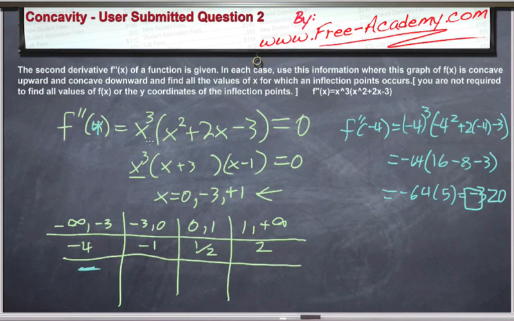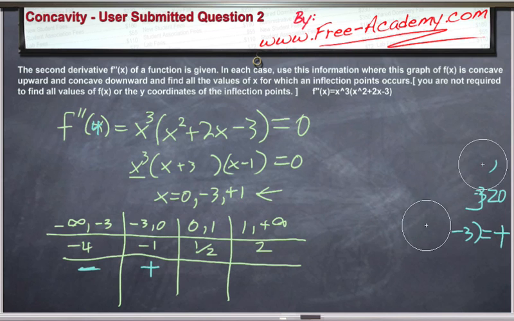Now let's go back and put negative 1 into this equation. So f double prime of negative 1 is equal to negative 1 times 1 minus 2 minus 3. This is equal to negative 1 times negative 4, which is going to be equal to a positive. Now we need to do the same thing again with positive 1/2, and we're going to have to do this for all the test values.